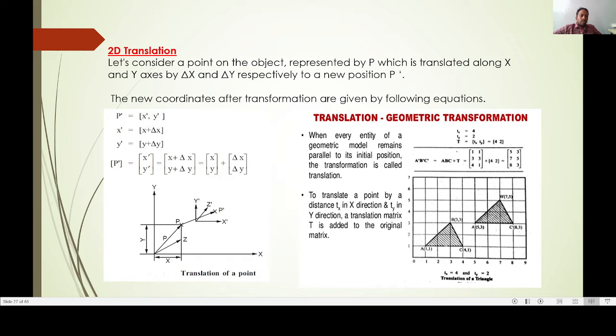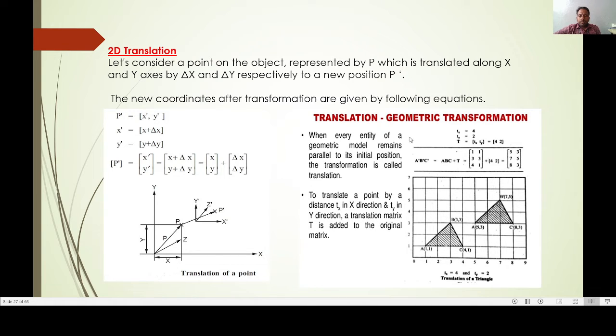Here we are going to translate the point based on the origin, moving some value in the x and y directions. So the origin point x and y can be translated here, and the new point is represented by P dash, x dash and y dash.